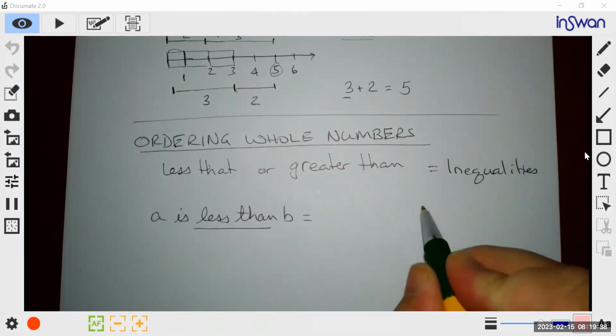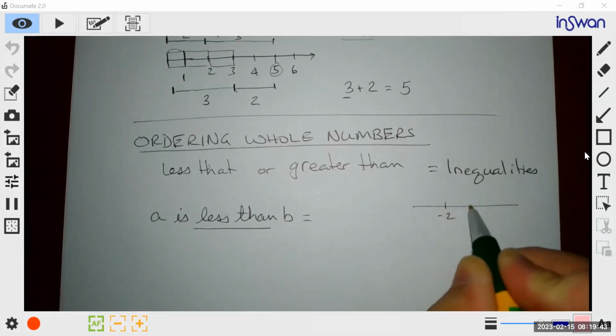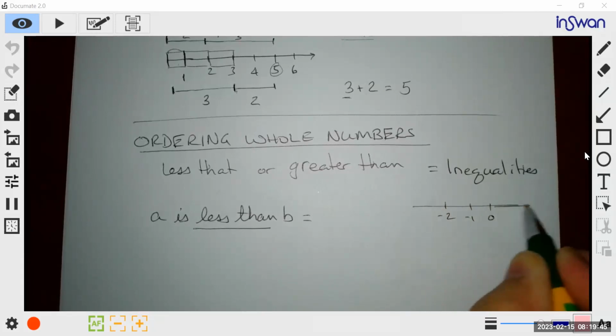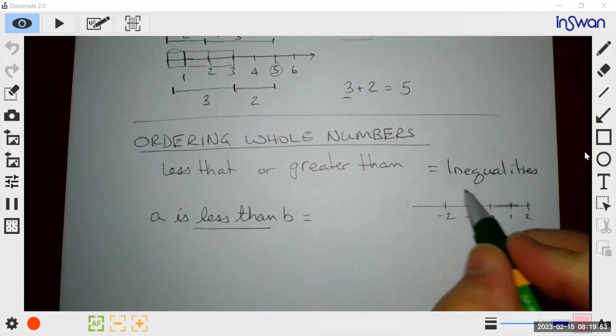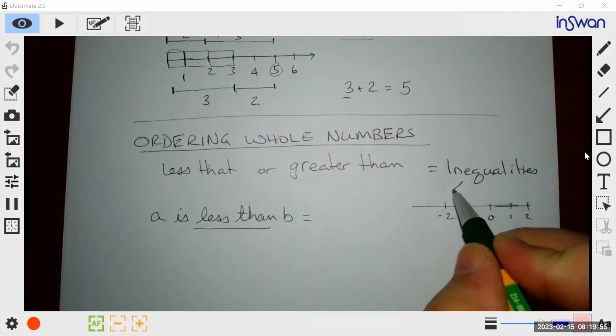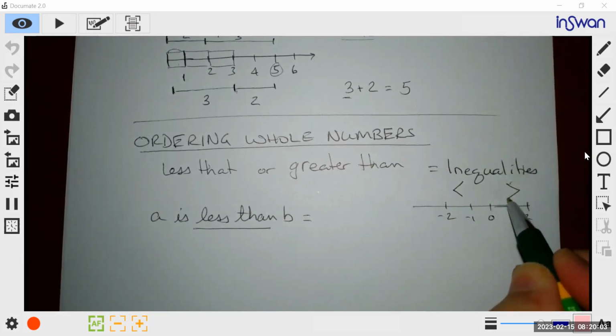Look at the number line. Here's -2, -1, 0, 1, 2. Less than always goes this direction. So these numbers are all less than the one before it. I'm pointing to greater than because these numbers are bigger. So that's one way to look at it.